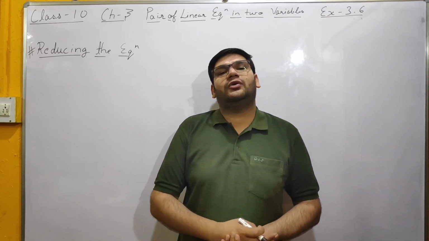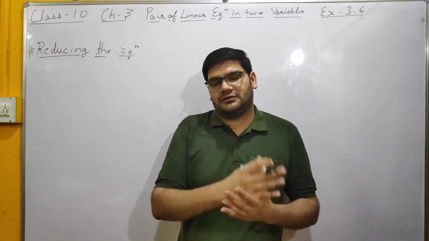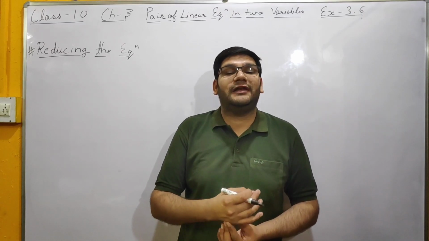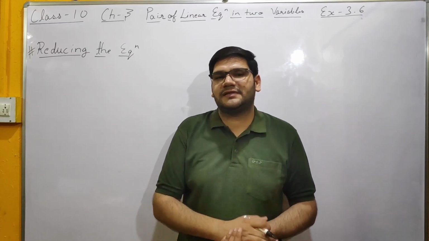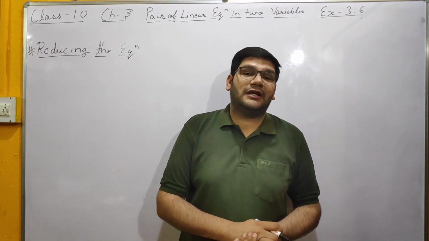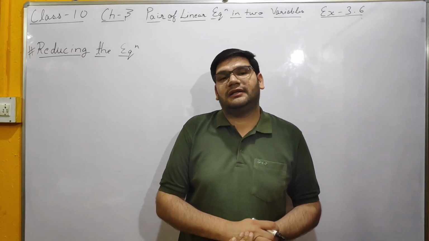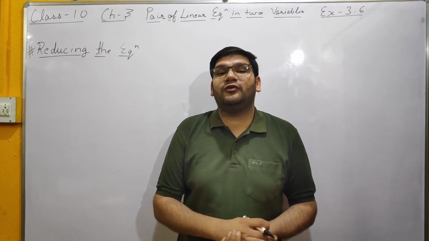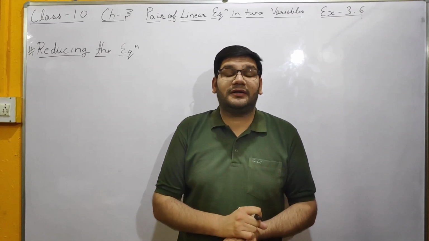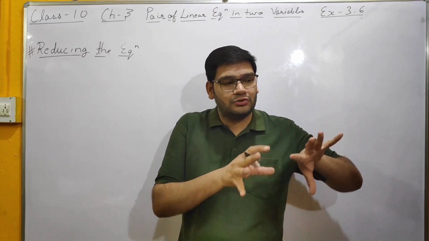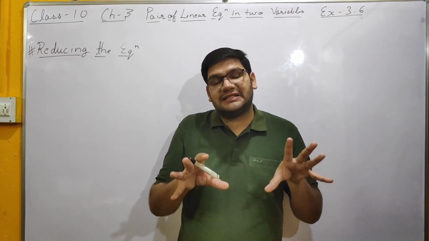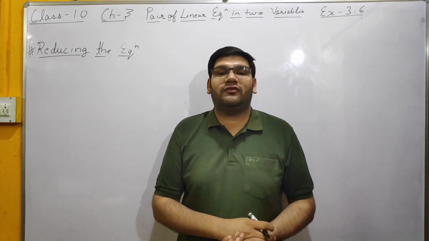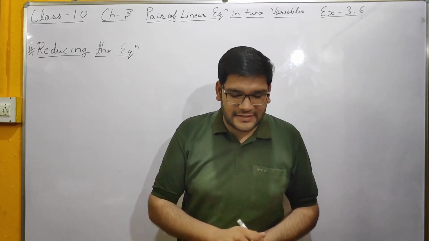So now we know how to find out the solutions for the pair of linear equations in two variables. Today we are going to learn another method, but let me tell you, this method is not going to give you the solution, but this method will reduce those equations in the standard form of pair of linear equations in two variables. What I am saying, just see.